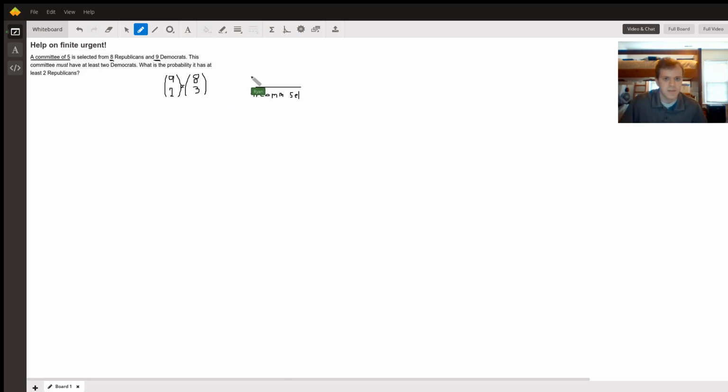And then this is the number of committee selections with the desired property. And so this will give us our probability because we're going to assume that all possibilities are equally likely.